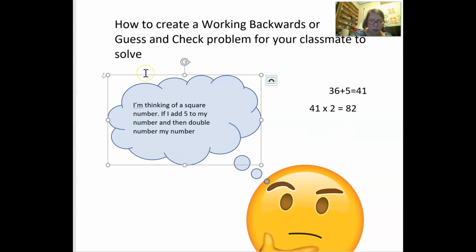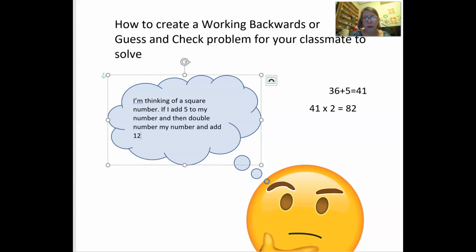And then double my number and add 12. So you just think of a bunch of things to do to it. Think of enough steps that this is pretty challenging. So we're going to add 12, and secretly over here you're thinking, all right, 82 plus 12 is 94. So hopefully I didn't make any addition errors there, right?